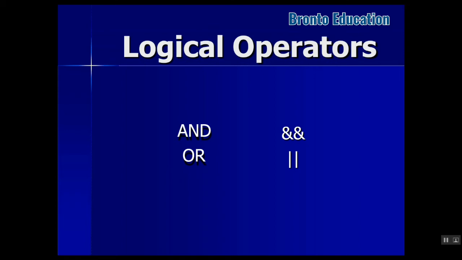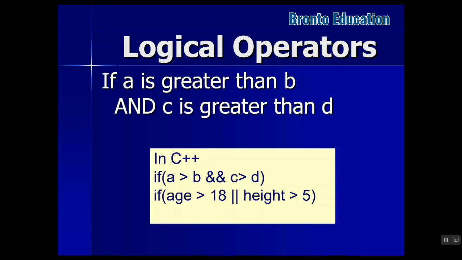And is used between conditions for checking two conditions, and if both are true, then your statement will be processed. Or is used so that if one is true and another is false, it will also process your statement. If both are true, again it processes. Only if both are false, it will not process your statement.